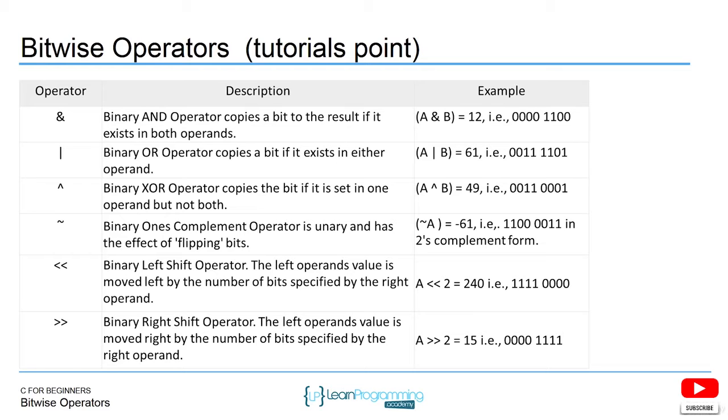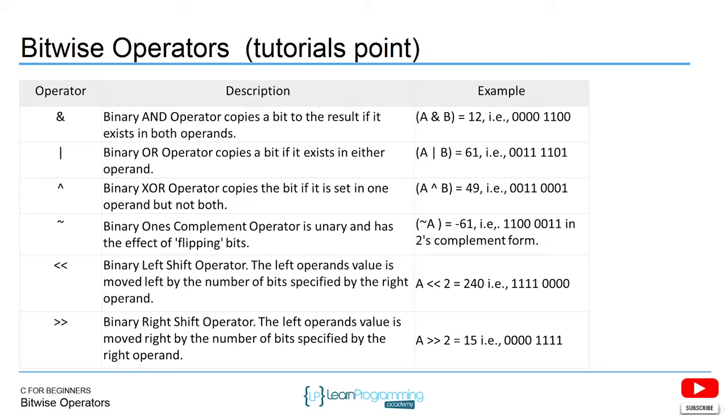I'm assuming that A has a certain binary representation and B has a certain binary representation. So if A is equal to 60 and B is equal to 13, then the result of ANDing them together, doing a bitwise AND, is going to be 00001100, which is 12. Again, I'll go through these examples, but this is trying to provide a little description of these different binary operators.